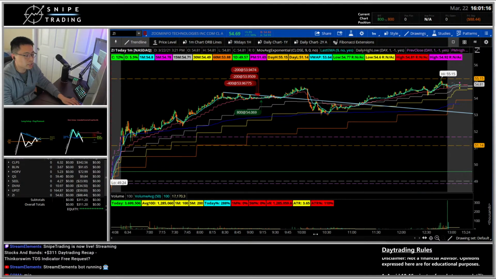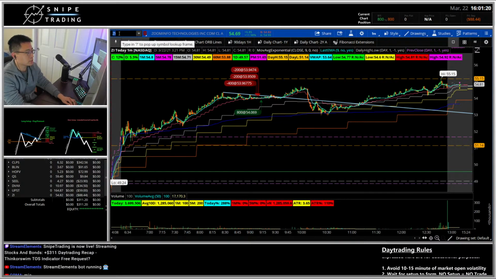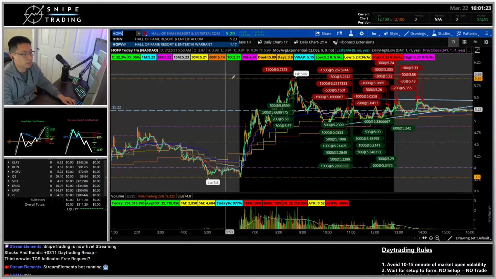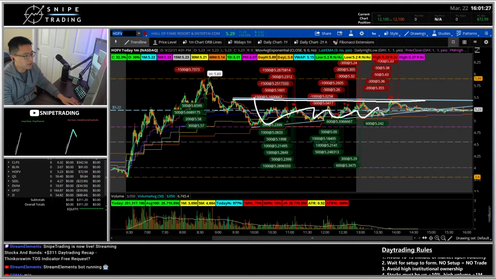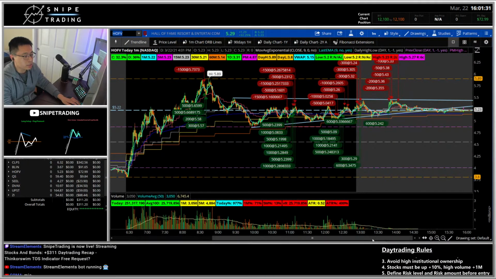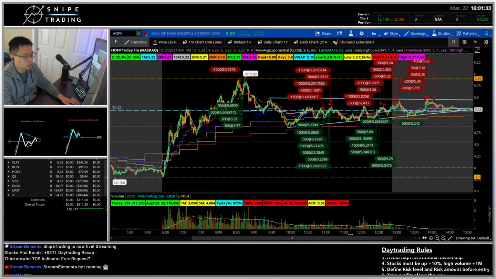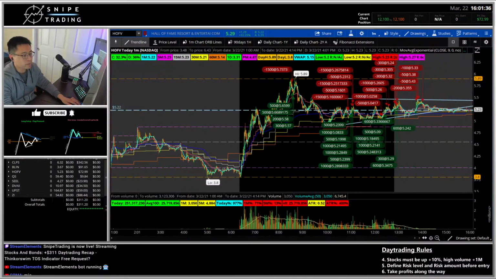I haven't seen any good setups. HOFV was kind of a headache. It had a nice looking pattern and looks like a potential squeeze after hours. But yeah, this is really choppy and crowded, so it's a little hard to move that.